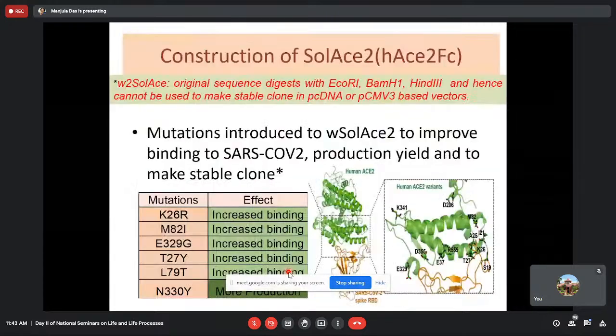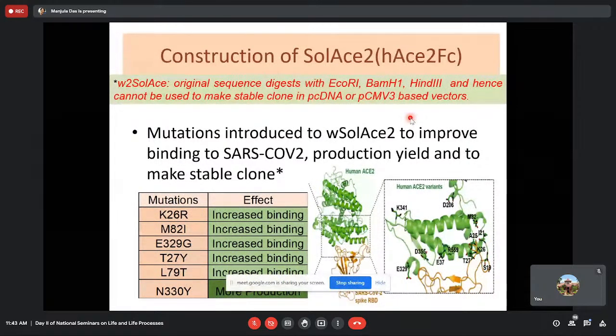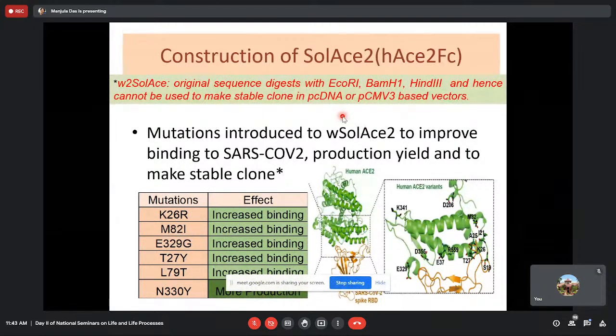We first amplified the ACE2 from the human cDNA library, but what we saw in the ACE2 sequence is that it is digested by EcoRI, BamHI, and HindIII, and all these common enzymes also digest in the normal sequence which is available in human.